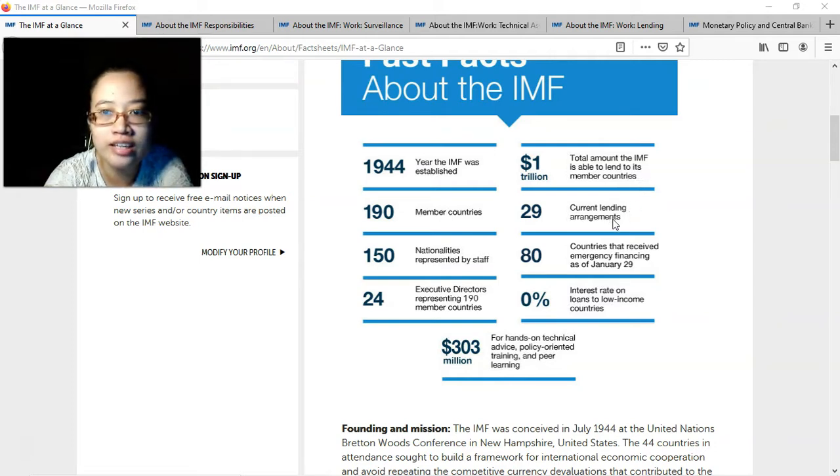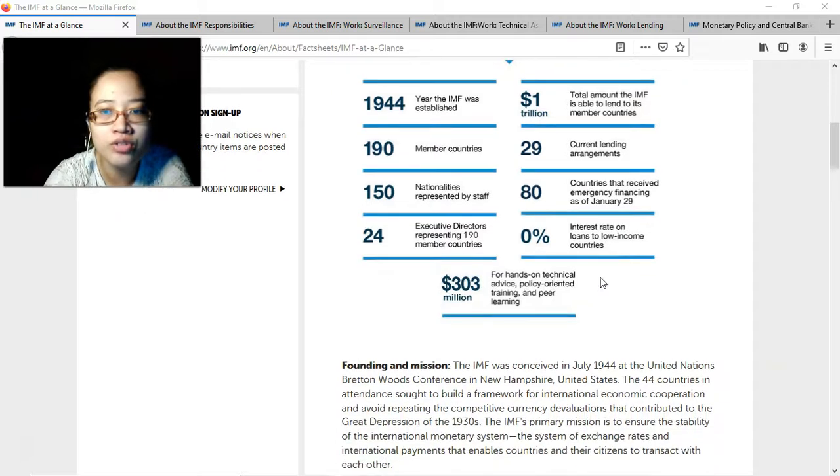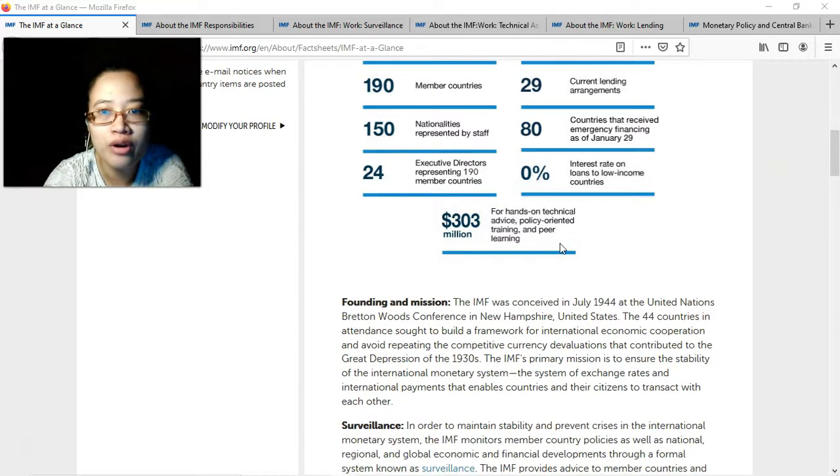Current lending arrangements number 29. Countries that received emergency financing as of January 29 is 80. And the interest rate on loans to low-income countries is 0. For hands-on technical advice, policy-oriented training, and peer learning, I think they've allotted $303 million for that.